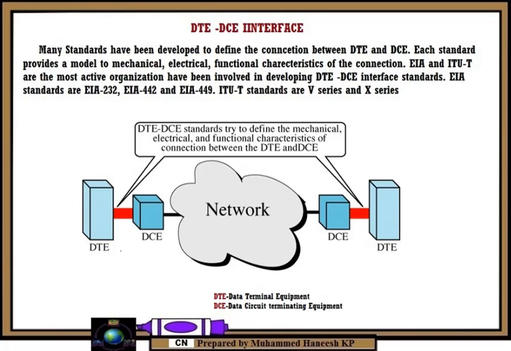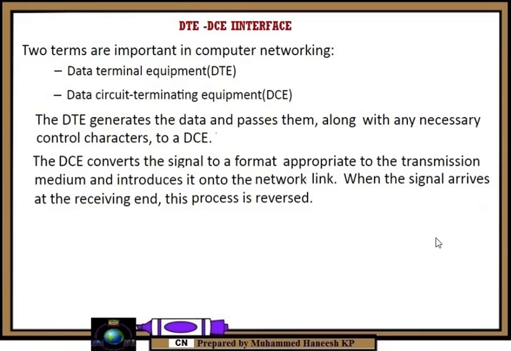We know that DTE stands for data terminal equipment and DCE stands for data circuit terminating equipment. These two terms are important in computer networking. The DTE generates the data and passes it along with any necessary control characters to a DCE. Both terms are frequently used in data communication and networking.